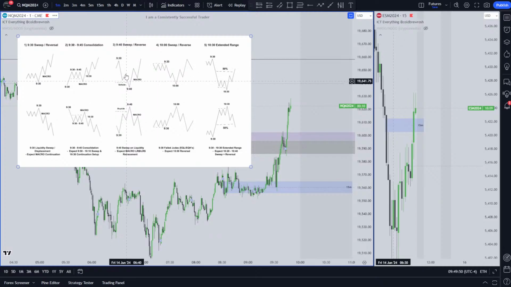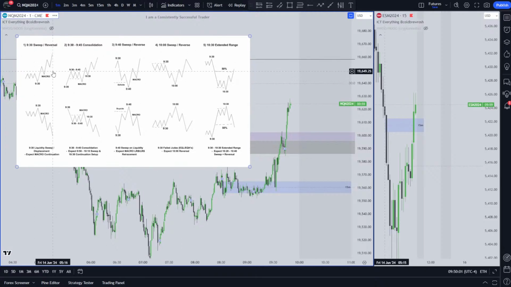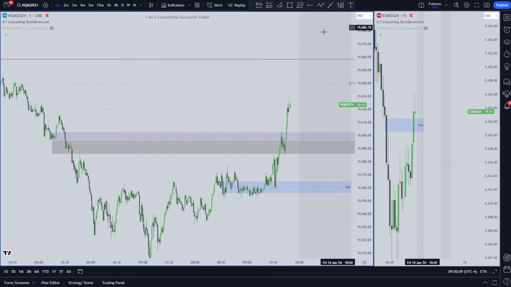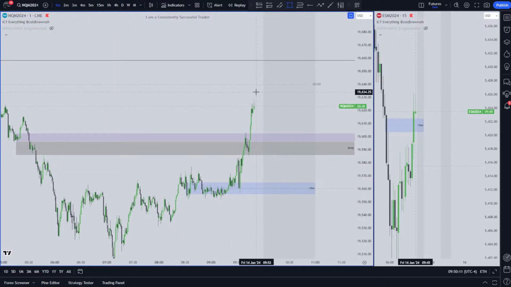No, not on this one, sorry, because this is the buys at the top. No, we haven't got a retracement into deep discount before 10. So it's more than likely that we'll get some sort of trade like this. What does it say? 9:30 liquidity sweep displacement, expect macro continuation from 9:50 to 10:10. That's your macro time.